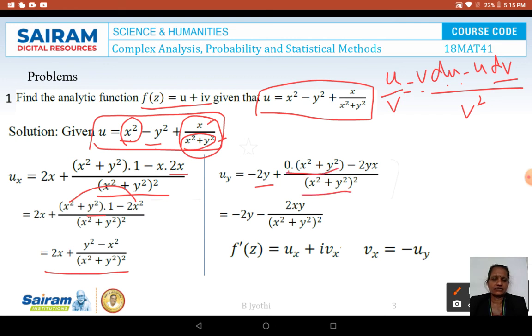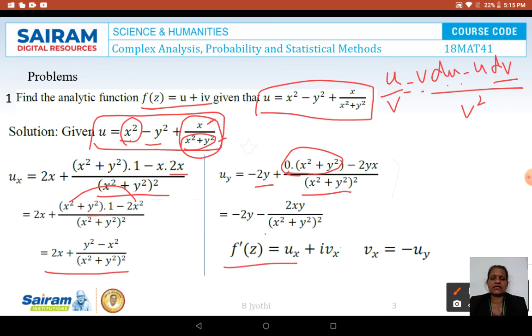Anyway, 0 into this becomes 0 totally, leaving minus 2xy. Therefore, we get minus 2y minus 2xy divided by x squared plus y squared the whole squared. Now, we have determined ux and uy.